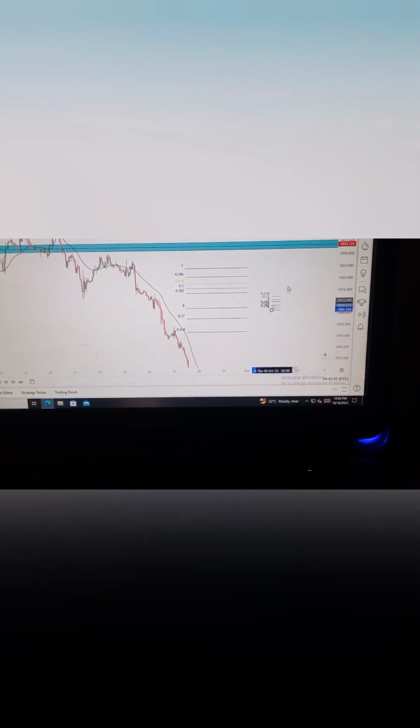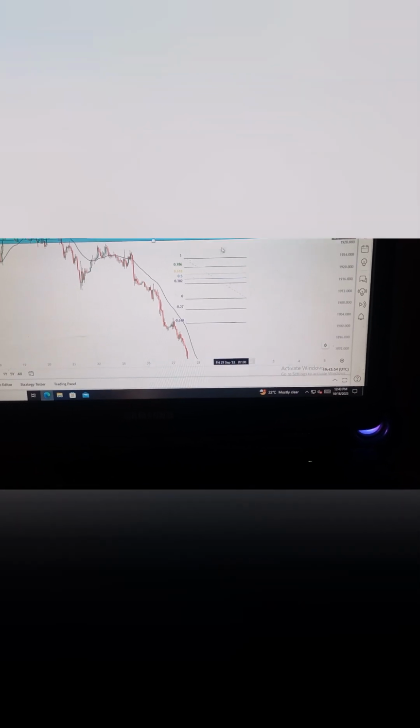For an uptrend, you pull from the swing low to the swing high. But say for instance, you got a downtrend and price can impulse down, right? And price can either reject the 38.2 level and go further down, or the 0.5 and go further down, or the 618 and go further down, or the 0.786 and go further down, right? So those levels are all the retracement levels.